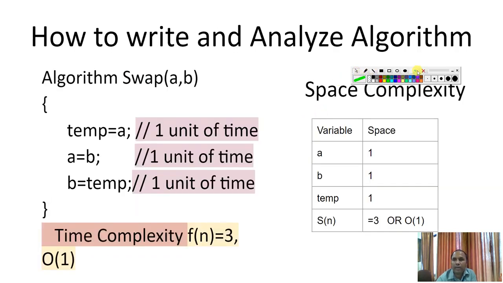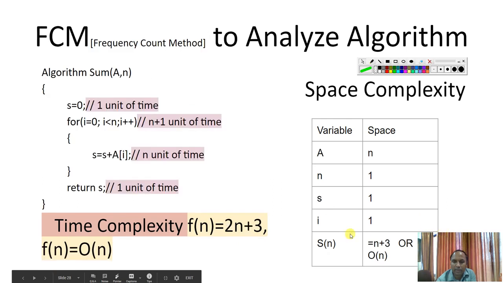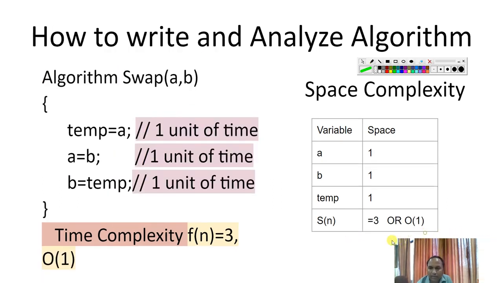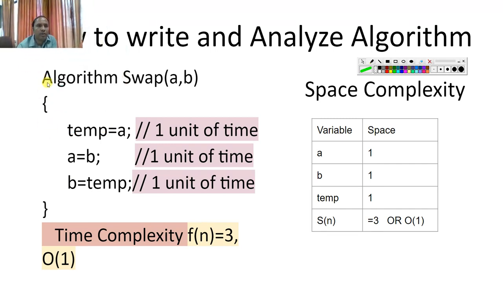Now let us take one example of an algorithm and try to find out the time complexity and space complexity. How can we find out time complexity and space complexity? Let us see one example related to it. Here, this is an example again for swapping the values of two variables.